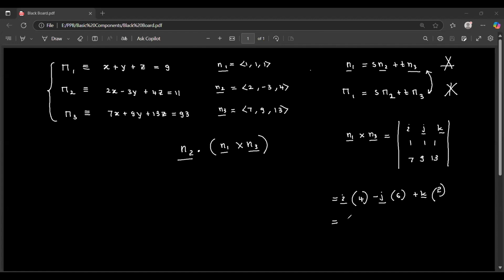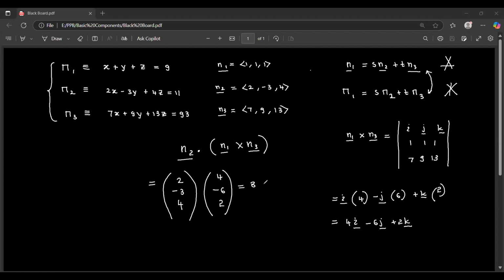So we have 4i minus 6j plus 2k. So n2 is given as (2, -3, 4), and n1 cross n3 is given as (4, -6, 2).